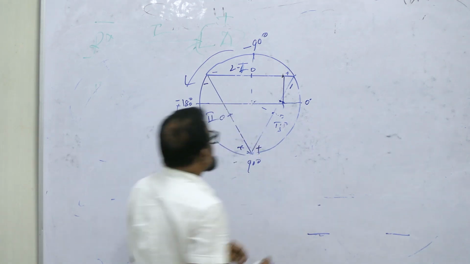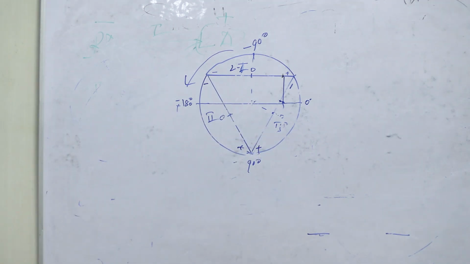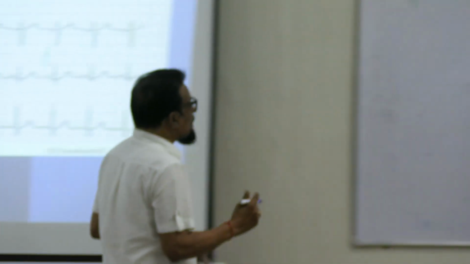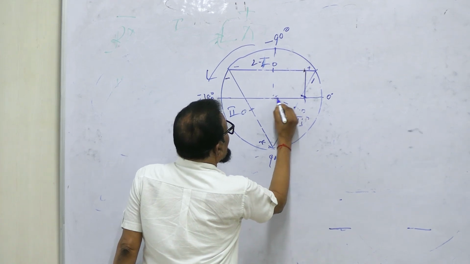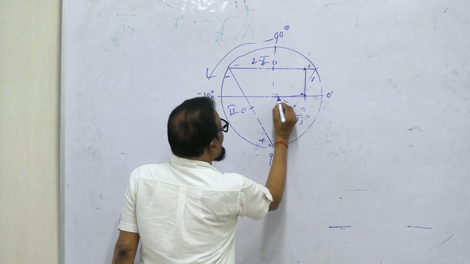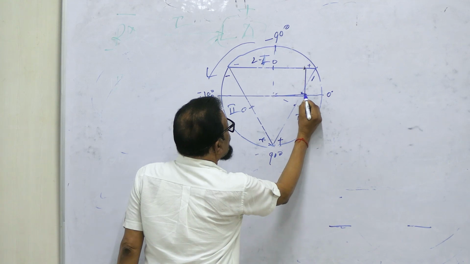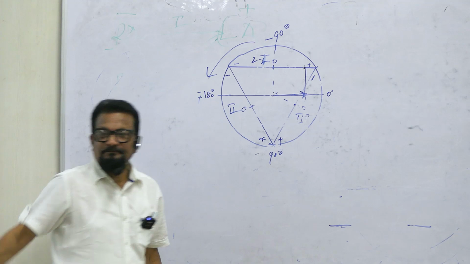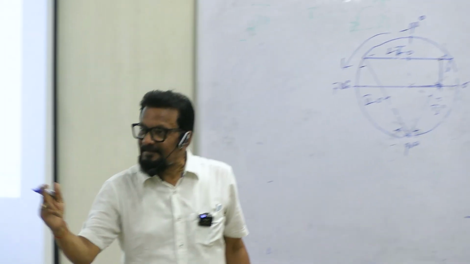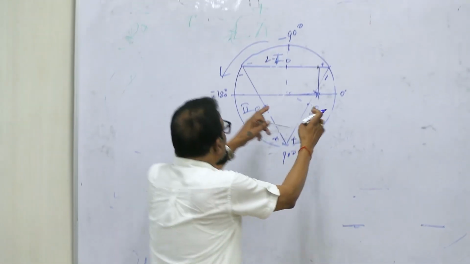I got the vector. How? Now join this with this. So put an arrow. So this is the direction of my electrical axis and it is the voltage.